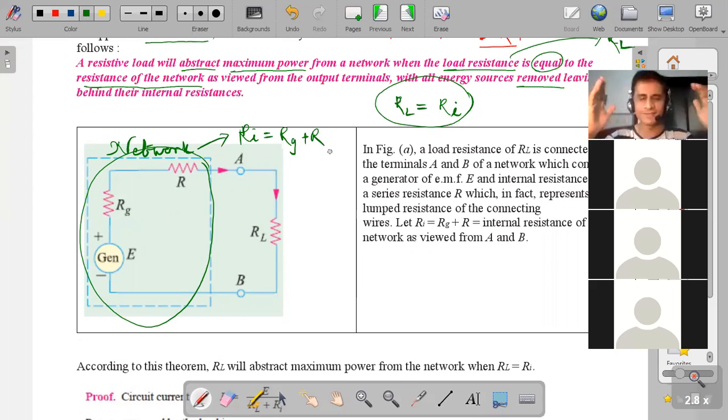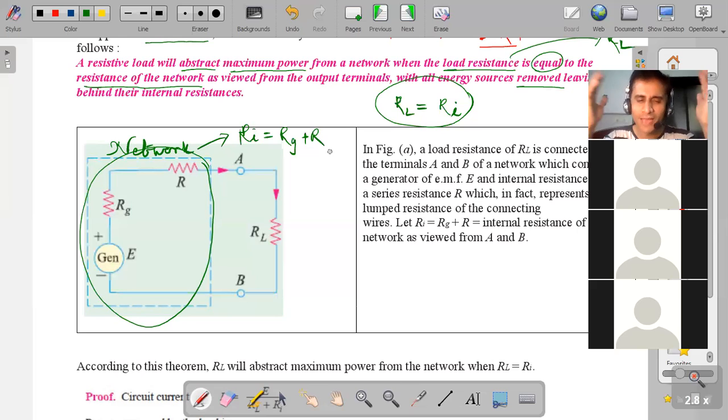Because the internal resistance is Rg connected in series with R. Therefore, the total resistance of that network, which I have circled in green, is Rg plus R. Understood? Because capital R is connected in series.